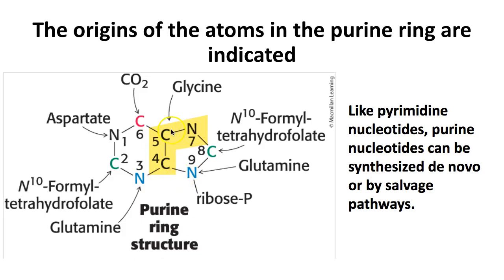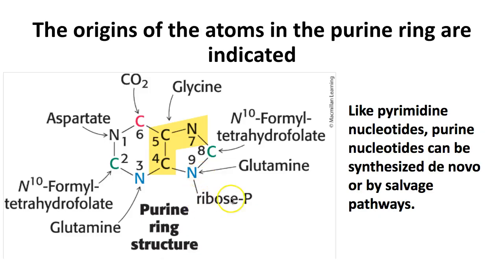Where you see right here that is highlighted in yellow is from the glycine, this carbon right here, and this carbon right here as well that's highlighted in green comes from the N10 formyl tetrahydrofolate. And then both of these nitrogens are coming from glutamine.